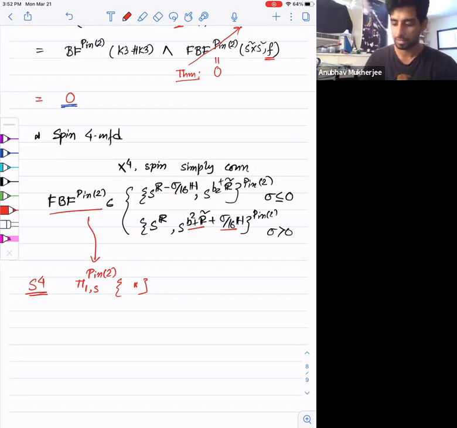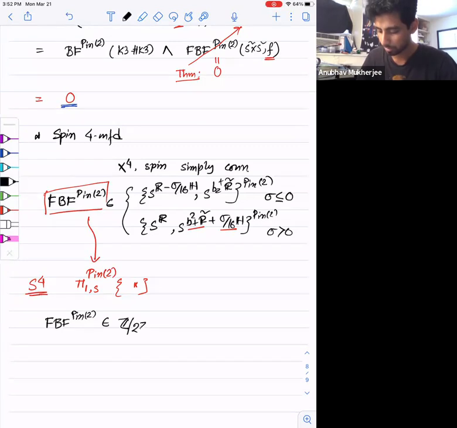If you track down this element inside this group, we prove that for S4 this element actually belongs to a subgroup which is Z mod 2Z. And we believe that this element can be non-trivial in the fourth sphere.